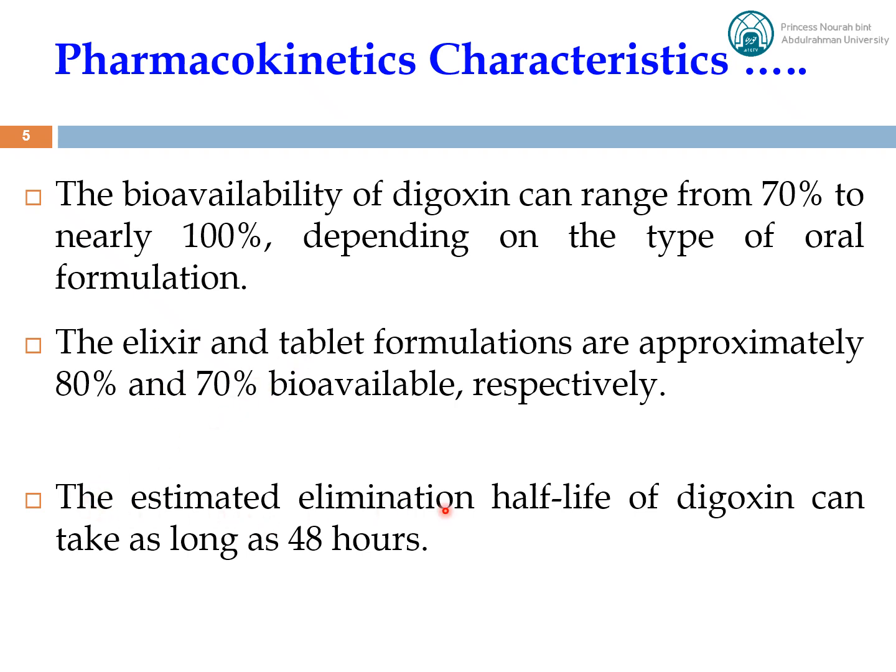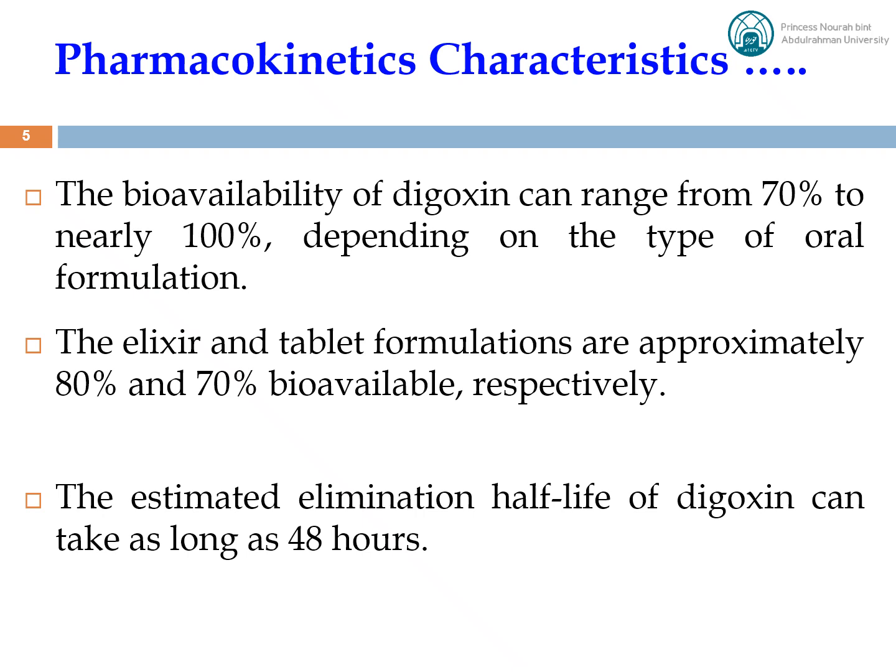The estimated elimination half-life of digoxin is relatively long. It takes around 48 hours. If you want to achieve the steady state concentration, multiply the 48 hours by 5. 48 hours is 2 days, so 2 days by 5, you will achieve 10 days.